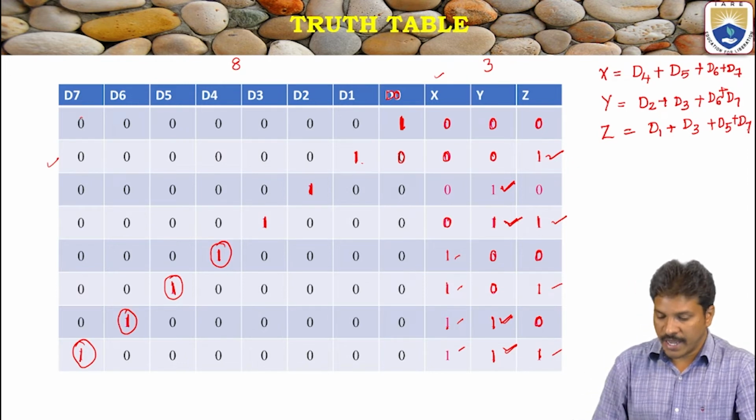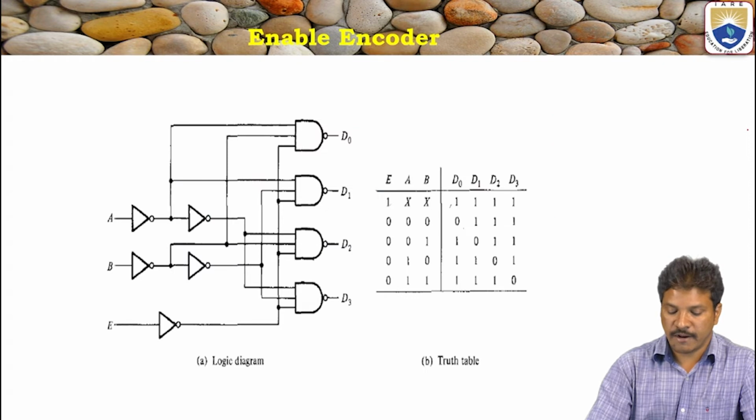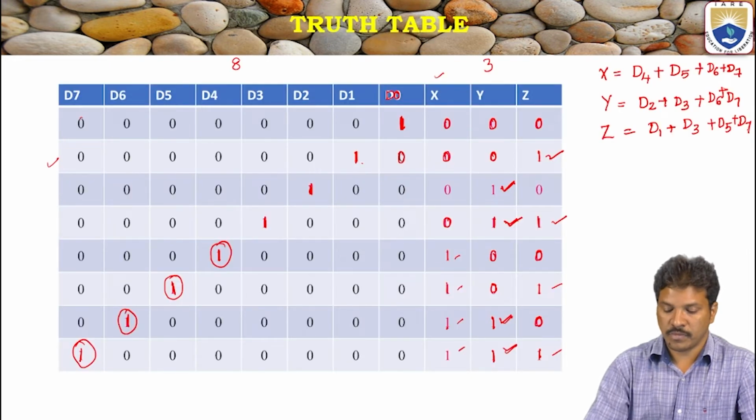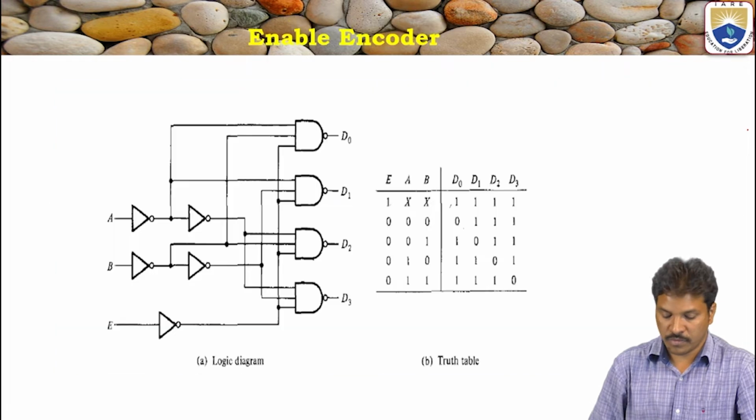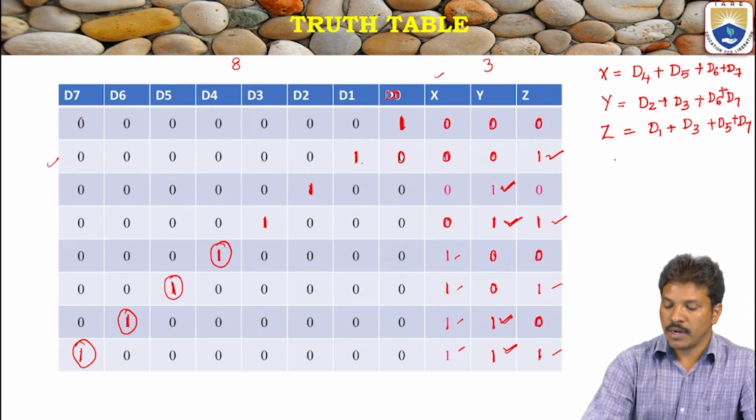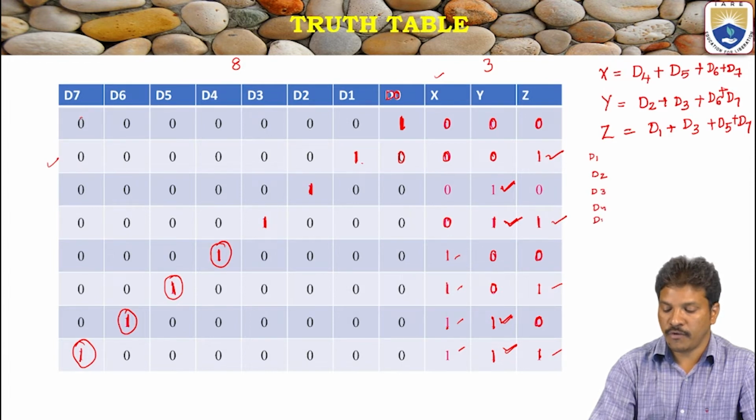And then for the logic diagram of the encoder, take the inputs D1, D2, D3, D4, D5, D6, D7.